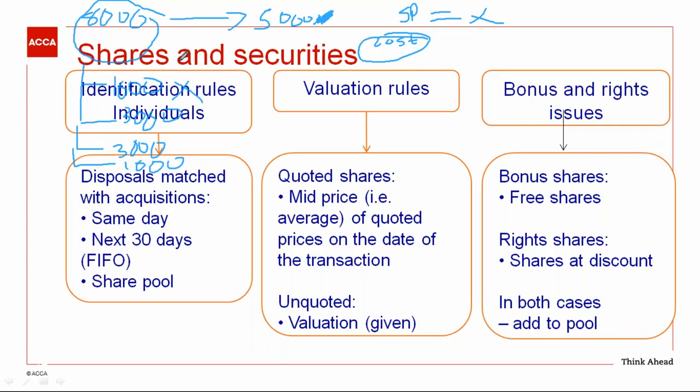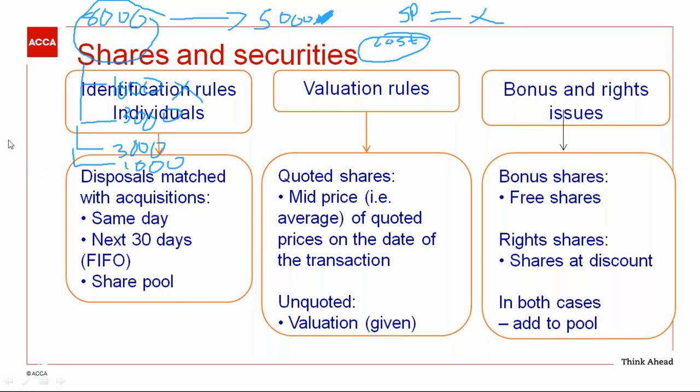We don't know whether this 3,000 shares that we bought on the same date of disposal is the one that we have sold with this 5,000. We don't know whether this 1,000 shares that we bought within the next 30 days is included in these 5,000 shares.